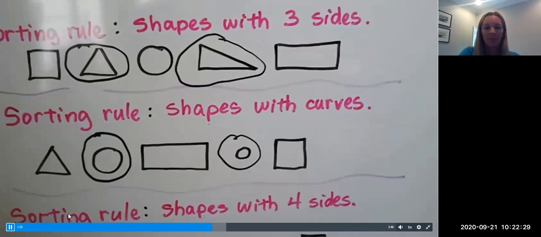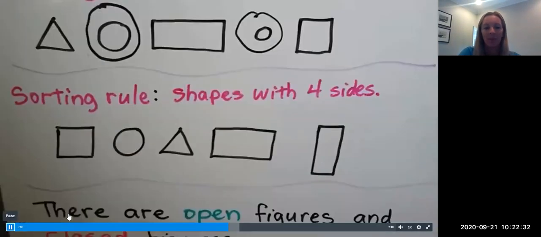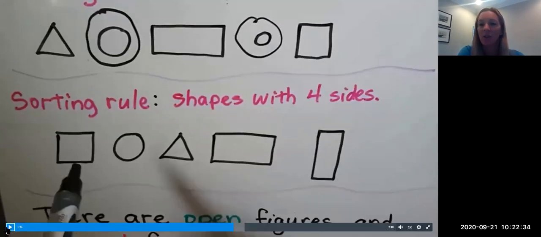This sorting rule says shapes with 4 sides. Okay, so go ahead and raise your hand, find the shape that has 4 sides. Okay, yes, you should have said the very first one, the square, 1, 2, 3, 4 sides. Then you should have said the fourth shape, the rectangle, 1, 2, 3, 4 sides.